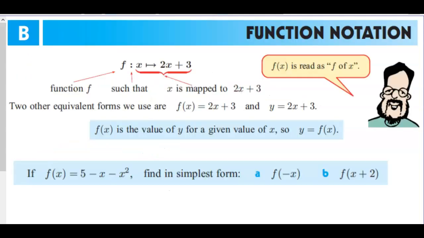So function notation, what are we used to? I'd say most people are used to this. This kind of notation is definitely a higher pay grade than this, but it means the same thing. It's a function. The variable in the function is x.